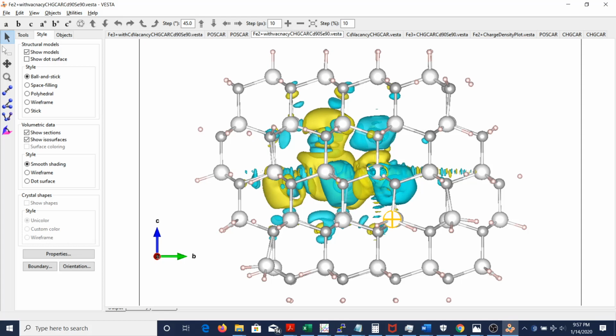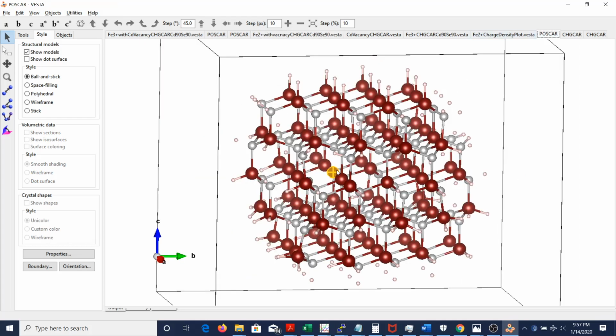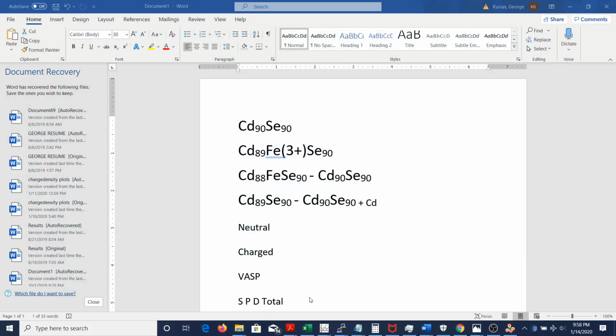Now I'm going to use the density of states plot for the same ion with the cadmium vacancy and without the cadmium vacancy, both with the neutral and the charged structure. So we are comparing these two structures: the cadmium selenide without the vacancy, Cd89 Fe Se90, using both the Fe2+ and Fe3+.